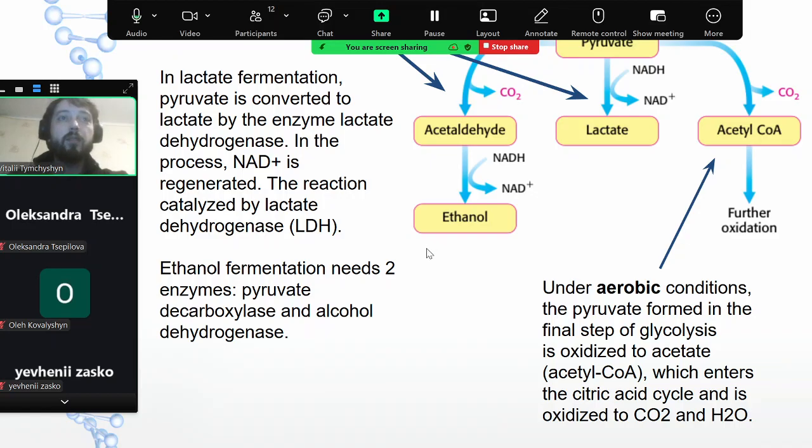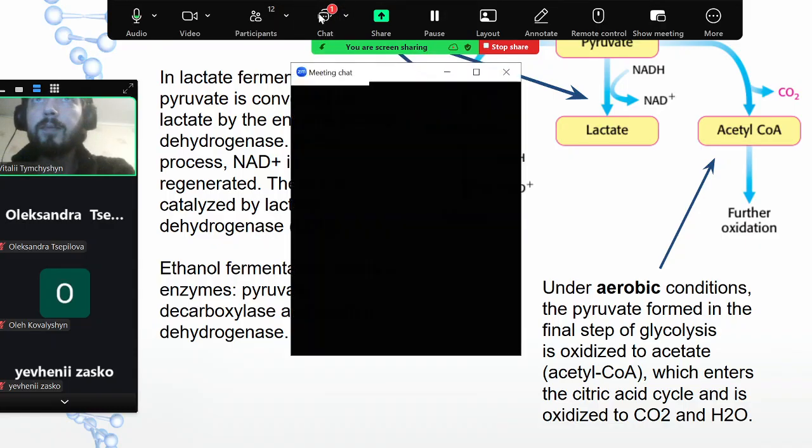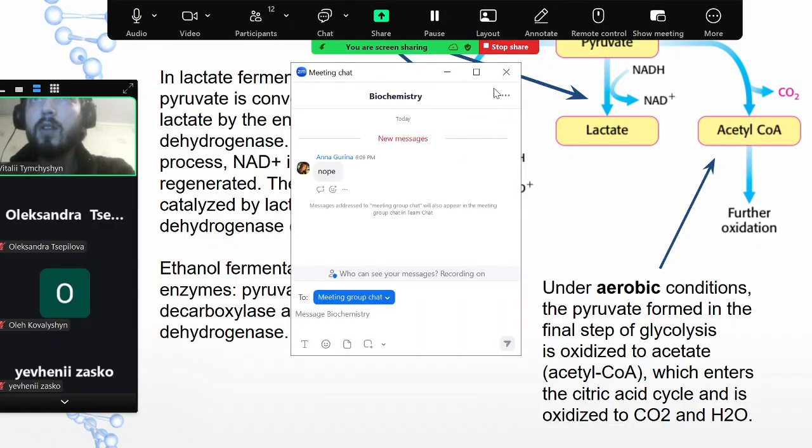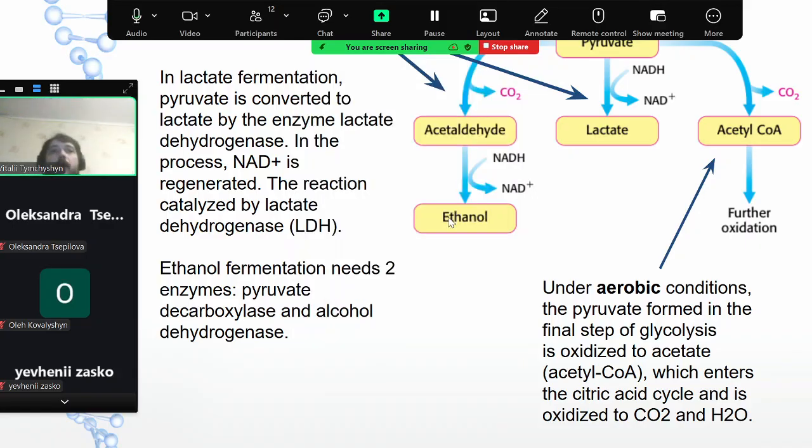No, none of you. So in anaerobic conditions, it turns out that the tissues of goldfish switch to generation of ethanol.